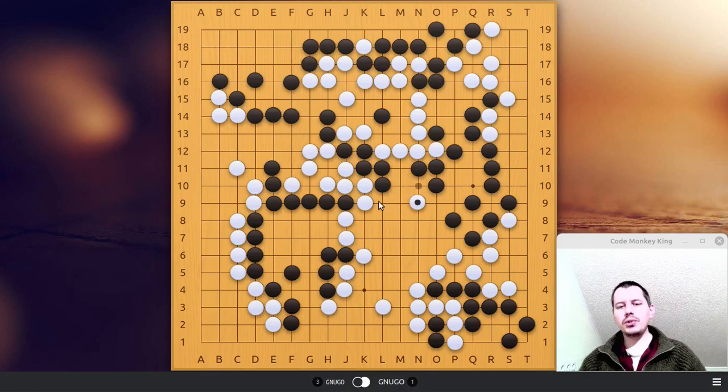So this move is trying to grab another big chunk. So instead of playing here, probably if black plays somewhere in here, this can potentially become black's territory, but it doesn't do this. So those are the limitations of GNU Go's abstract thinking.